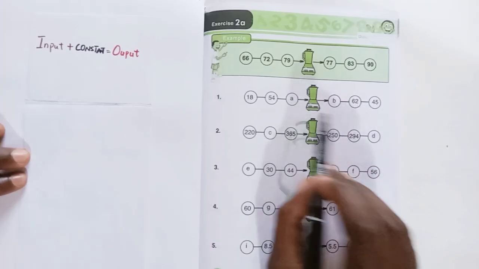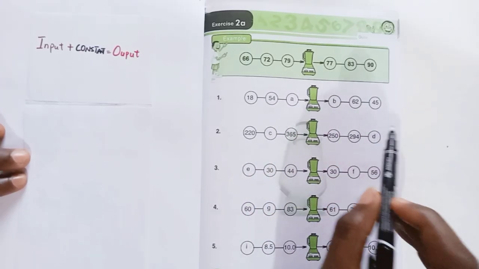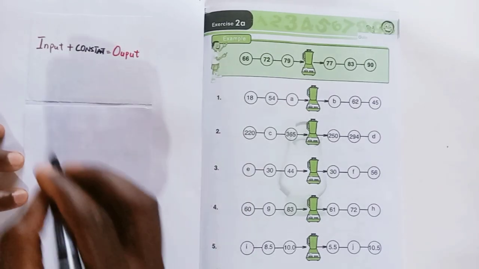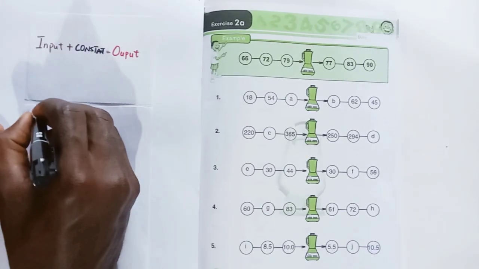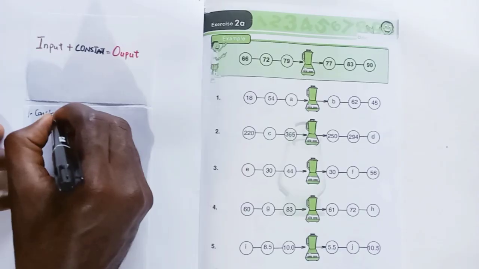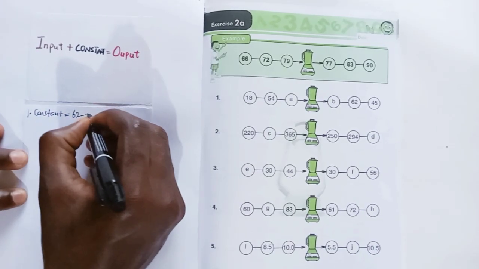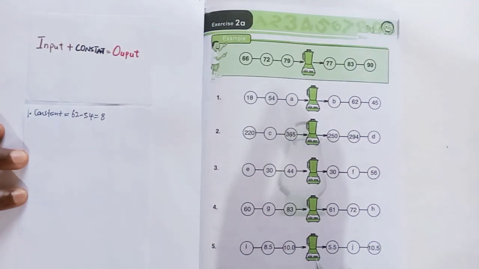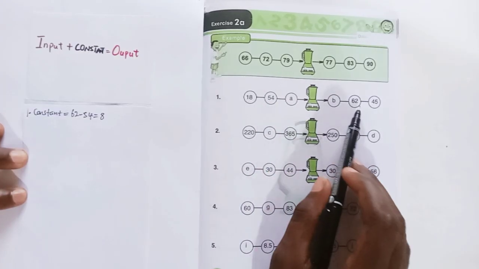In order to get the constant, what we need to do is subtract 54 from 62. So in number one, our constant is equal to 62 minus 54, which is equal to 8. That means if we add 8 to 54, it will give us 62.